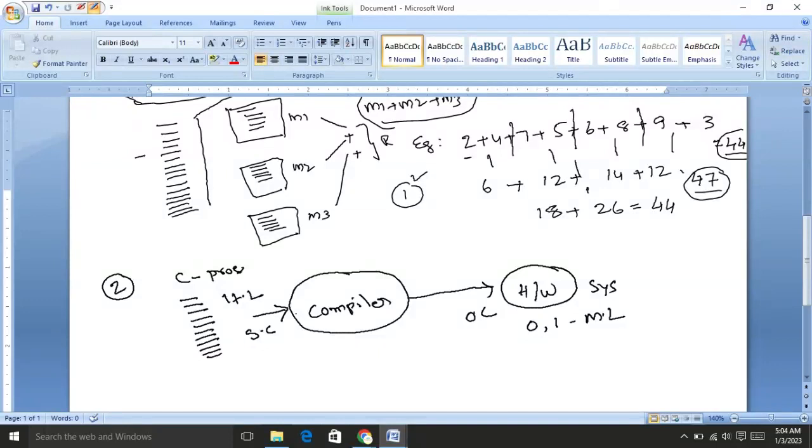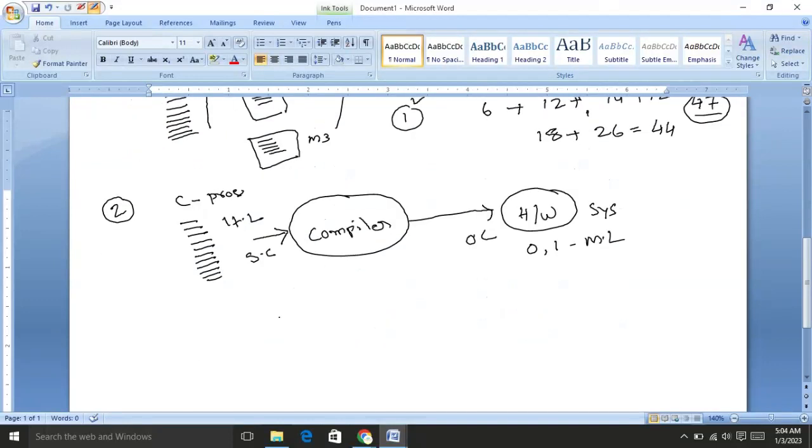Now I ask one question to you. What is the capacity of the compiler? How much code will be converted at a time from high level language to machine level language? If you are not understanding, I repeat my question.